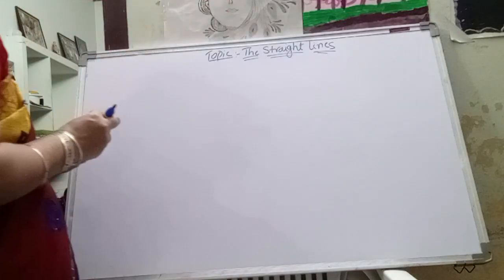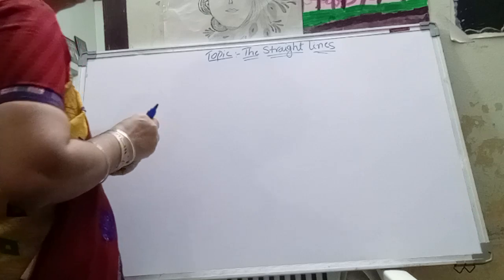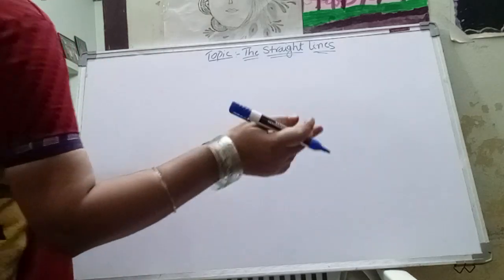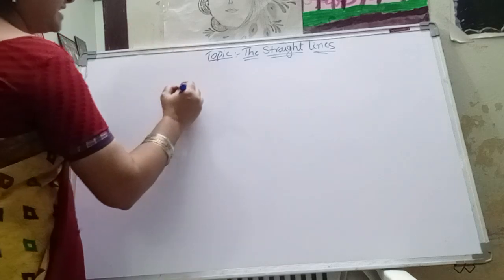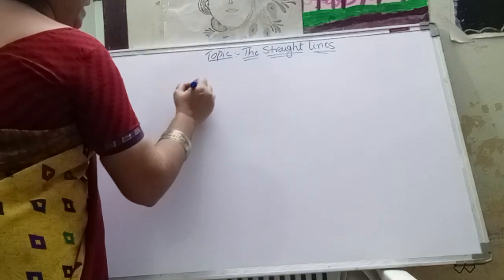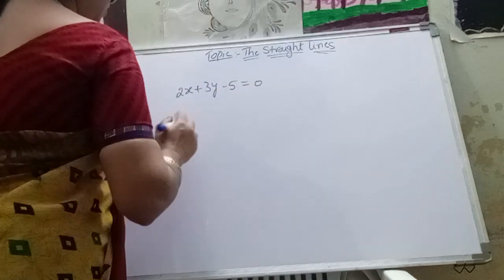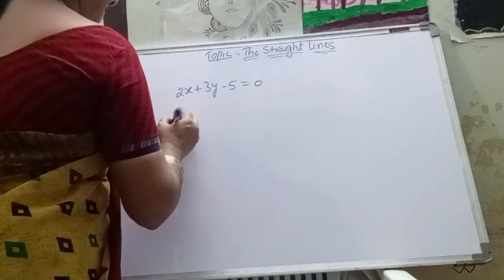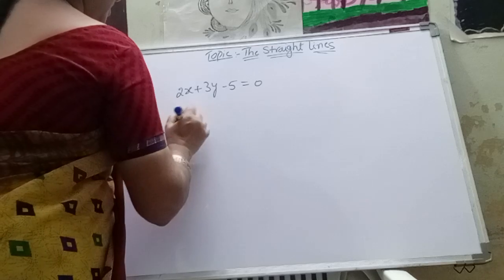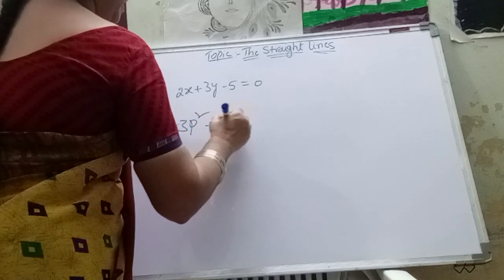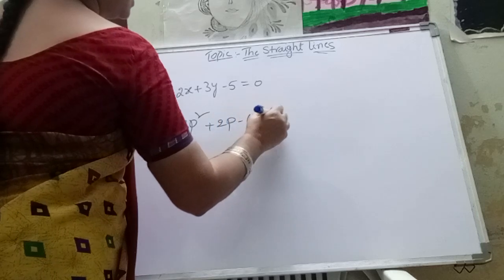So in polynomials and variables in equations, quadratic equations in variables and all, you have seen some equations like this. Say, for example, 2x plus 3y minus 5 equal to 0, and 3p square plus 2p minus 6 equals 0.